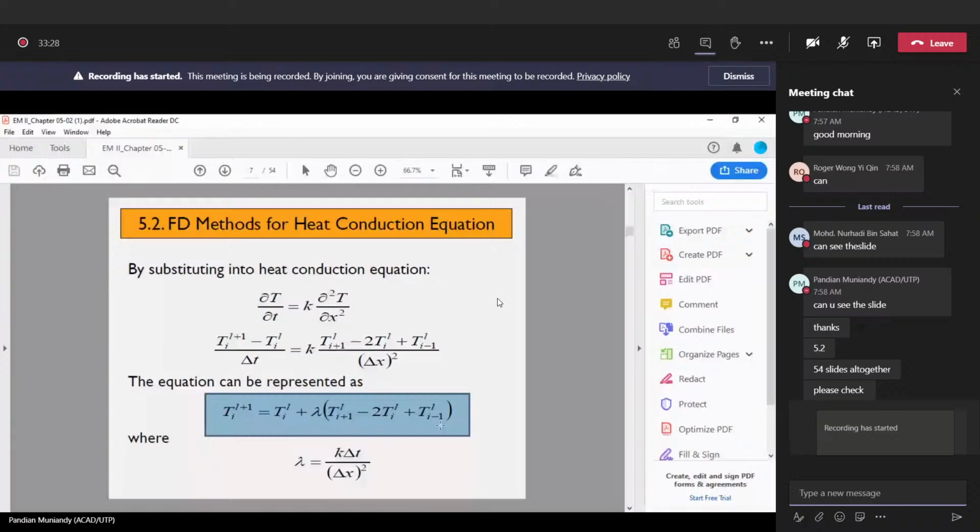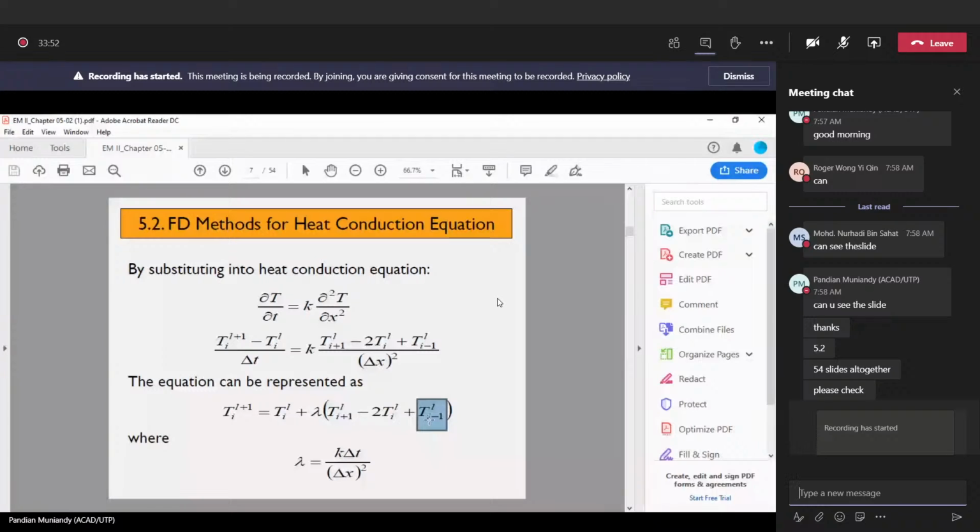You must remember L starts from 0, I starts from 1, because here we got I minus 1, so I cannot be 0. So I must be 1. But the value for X distance starts from X naught because the next one is X1. We shall see that later.